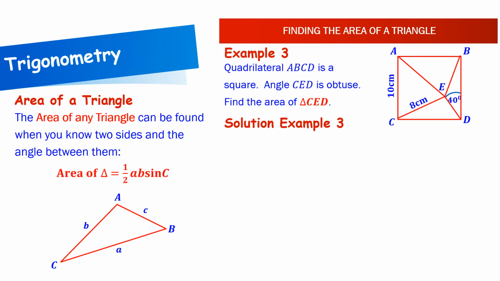So let's solve this. In triangle CED, which has been highlighted, CD equals 10 centimeters. And angle EDC equals 90 degrees minus 40 degrees, which is 50 degrees.